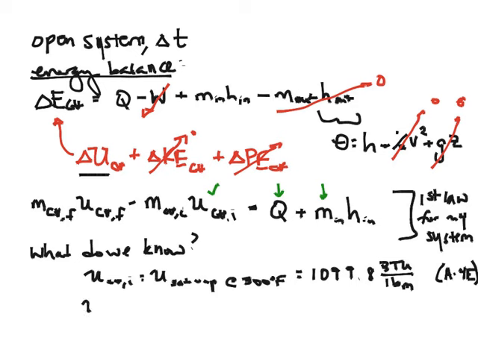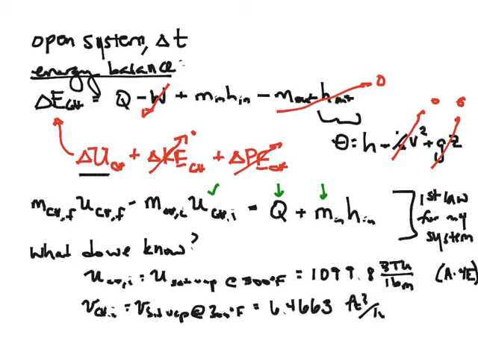Okay, so again from the table, the specific volume of the control volume at the initial condition is going to be the specific volume of the saturated vapor at 300 Fahrenheit, which again I get from table A4E, and I get that to be 6.4663 cubic feet per pound mass. And now I can find my initial mass of the control volume.